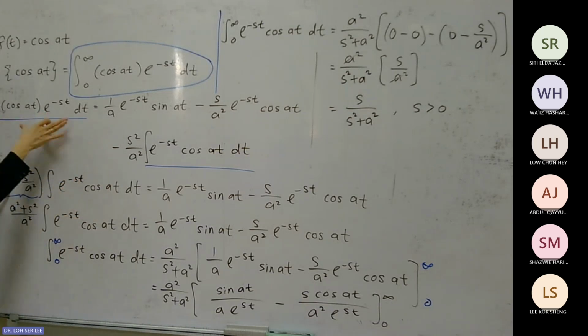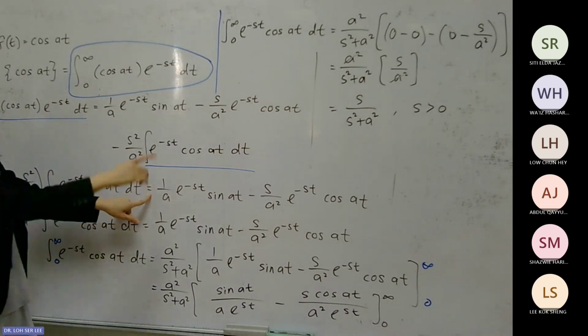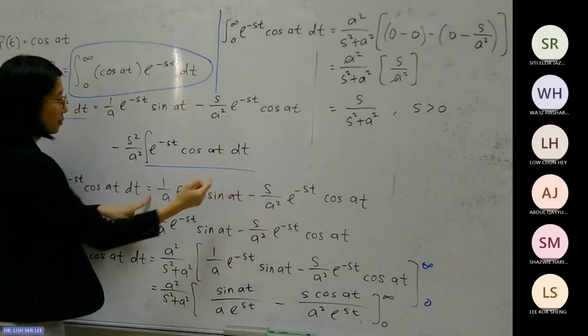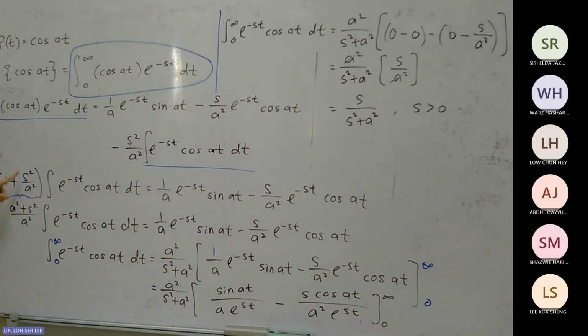Then on the right, you have these 2 terms. This one we combine into one function. This is a squared over a squared, so you have a squared plus s squared over a squared. The rest is the same as this line.